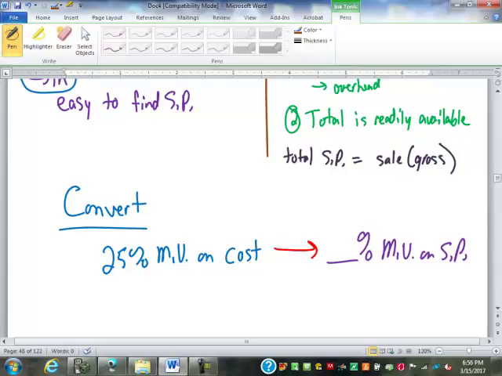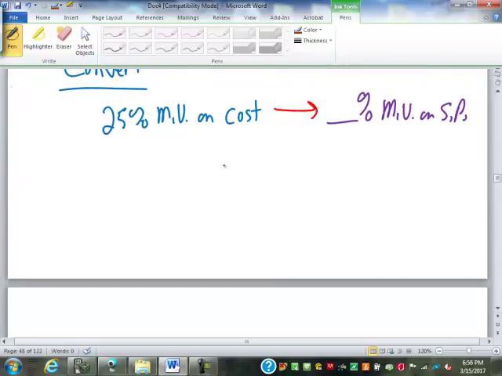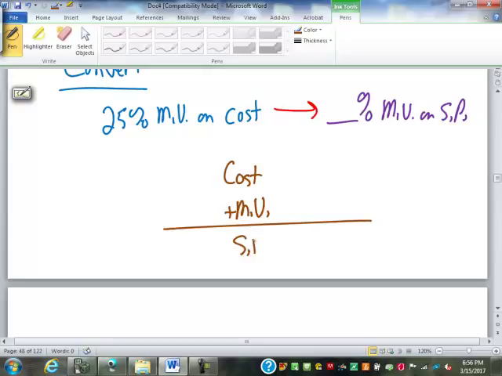Guess what we're going to use? There you go. Cost plus markup still equals the selling price. Now notice I have not labeled any of the columns up on top yet because these are going to be slightly different.